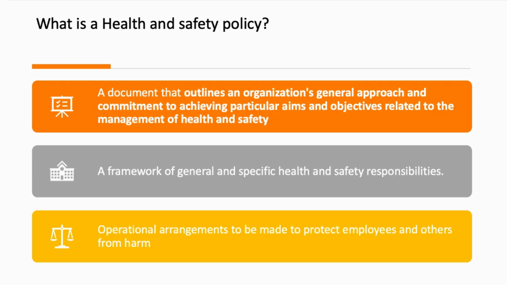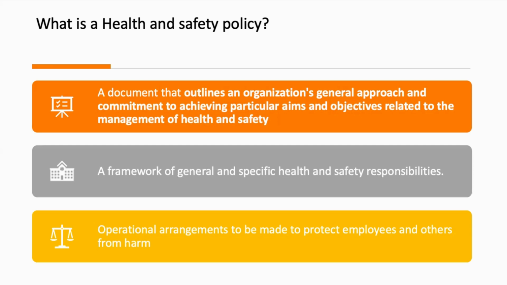Also, it provides a framework of general and specific health and safety responsibilities per staff. And it also provides guidance on the detailed operational arrangements to be made to protect employees and others from harm because of the workplace.